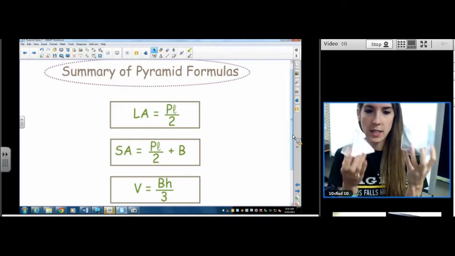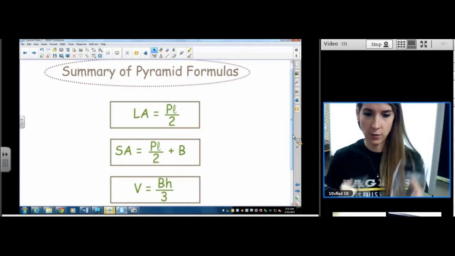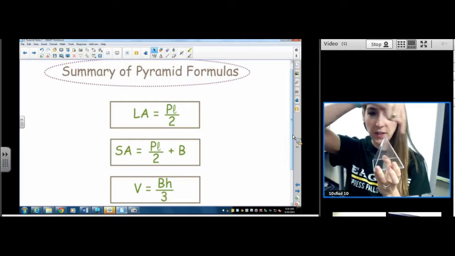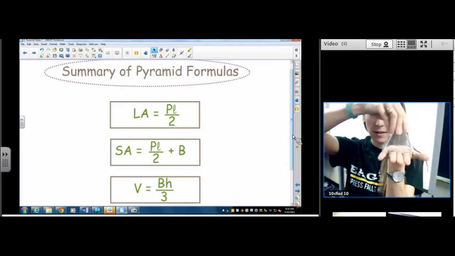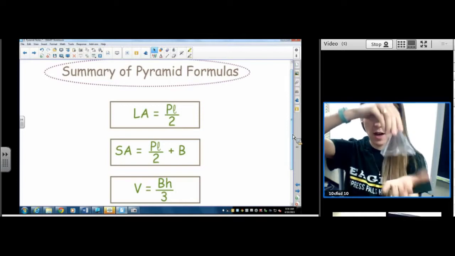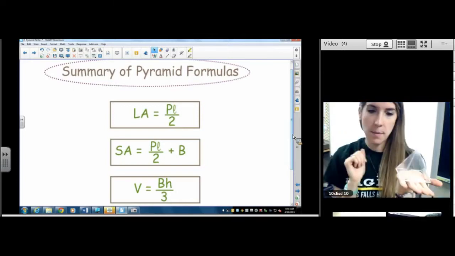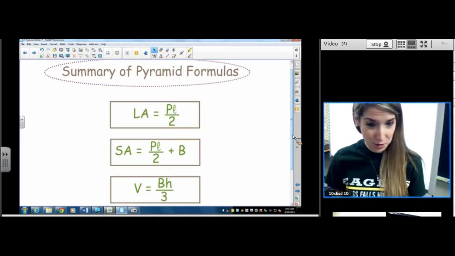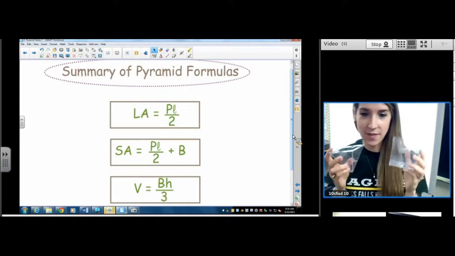So perimeter times slant height divided by 2. The surface area is the lateral surface area plus the base. It's the lateral surface area, which you already found, plus 1b, just the base, the area of the base. And then volume is base times height divided by 3.